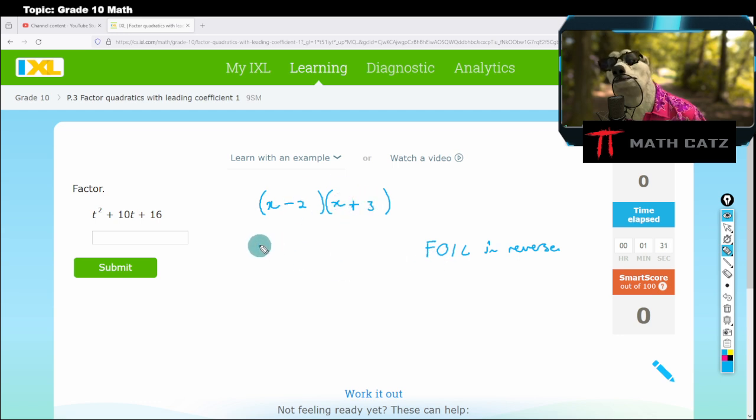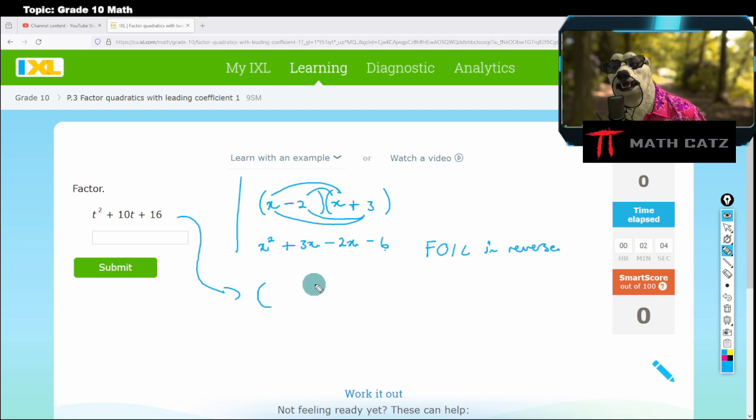First ones will be these ones, and then the outside ones will be a plus 3x. Inside ones will be a minus 2x, and the last ones will be a minus 6.